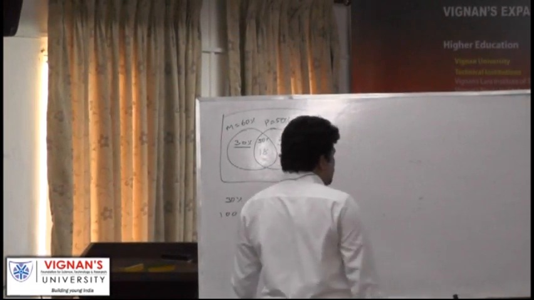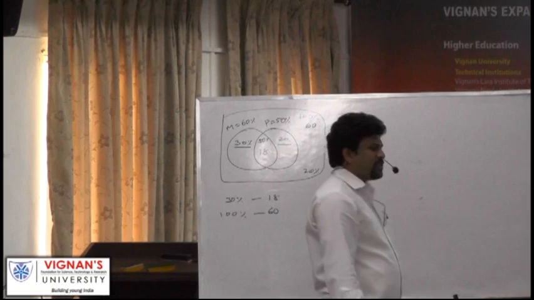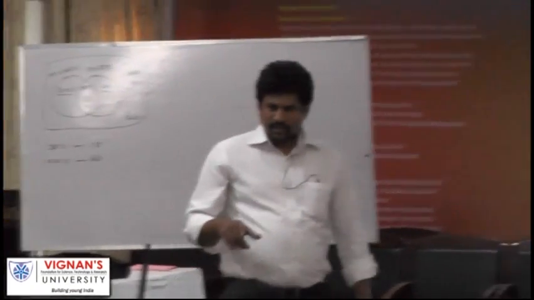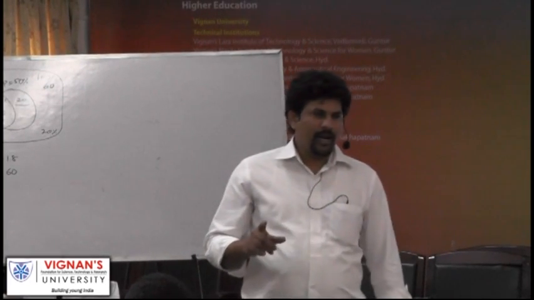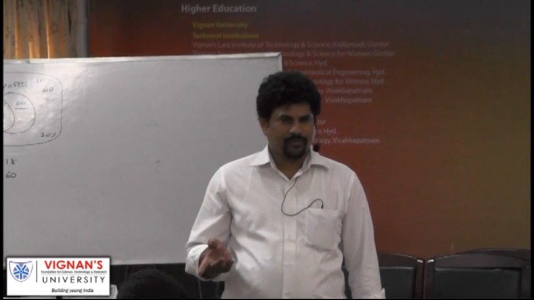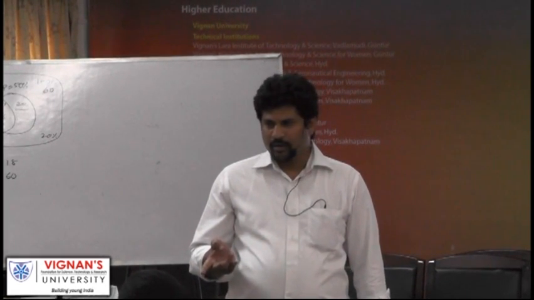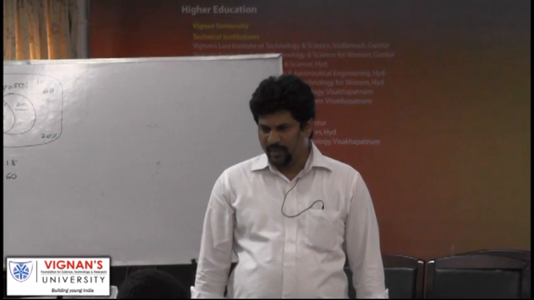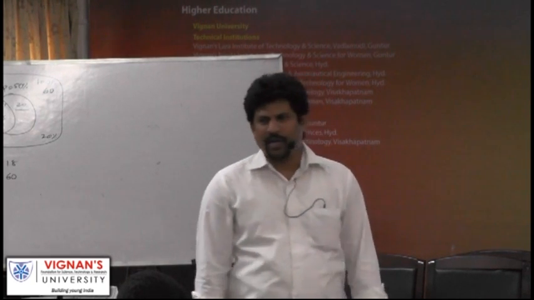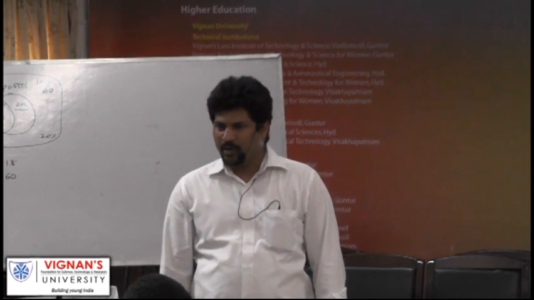Next one, number of students who failed in at least one subject. What do you mean by at least one subject? Failed in one subject, or failed in two subjects. Am I right? Failed in one subject 50%, failed in two subjects 20%. So 70% failed at least in one subject.